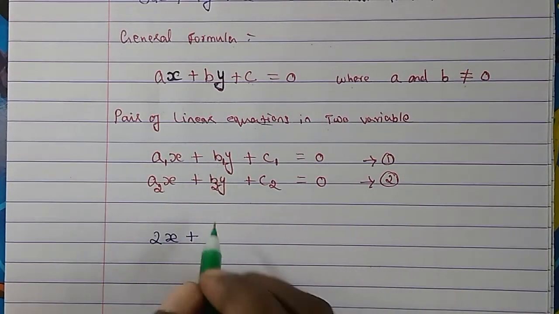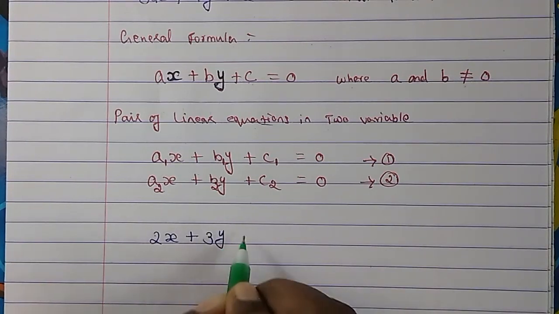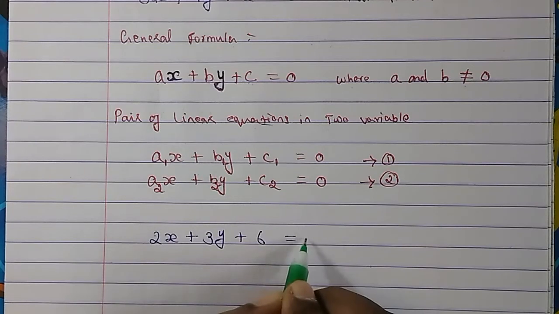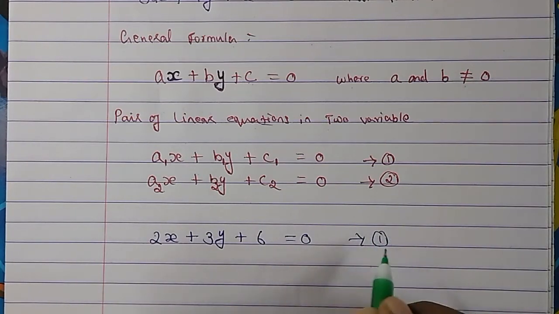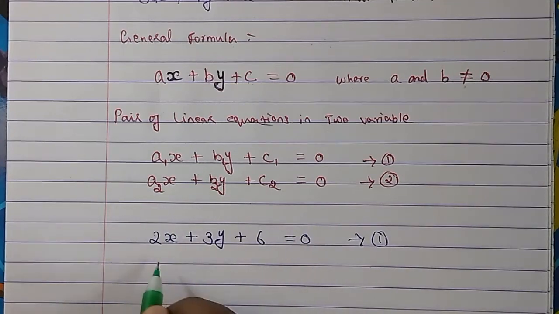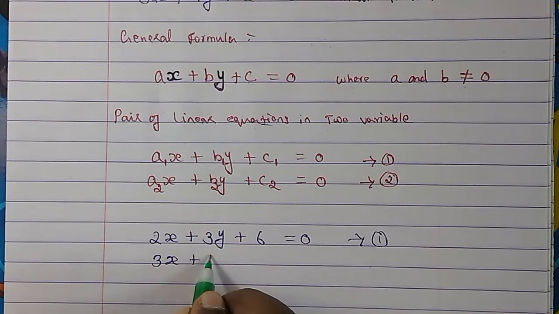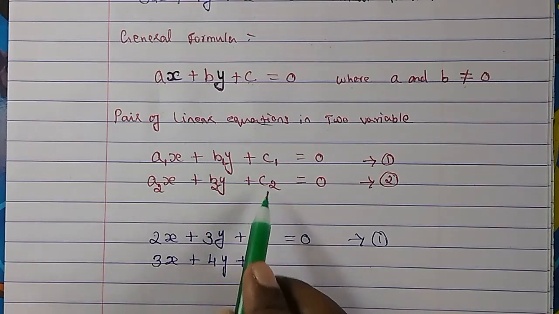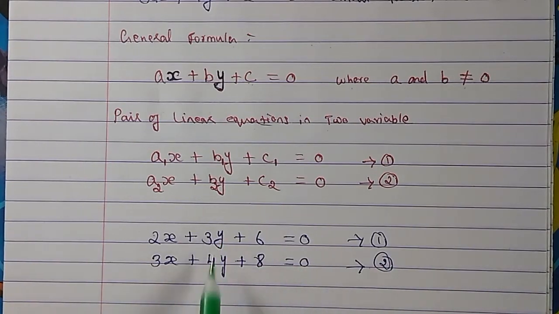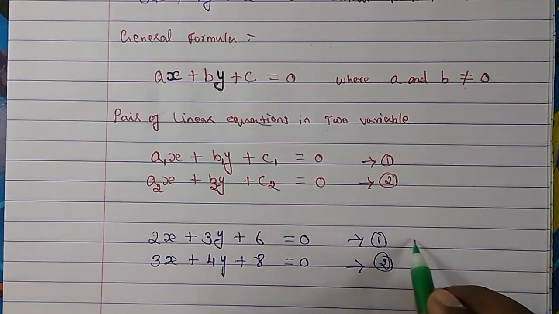Then in the place of b1 some number, and in the place of c1 some number. So this becomes one equation. So now for the second, in the place of a2 some number, in the place of b2 some number, in the place of c2 some number. Any number you can write. This becomes the second equation.